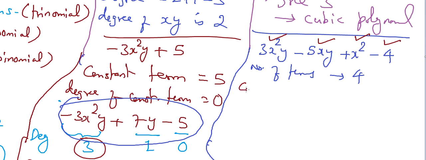Okay. So the coefficient of x in the second term. What is the second term? Minus 5xy. What is the coefficient of x in this? It's minus 5y, isn't it?